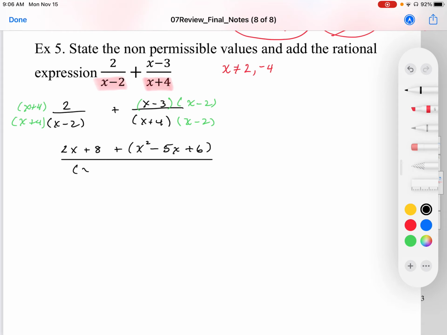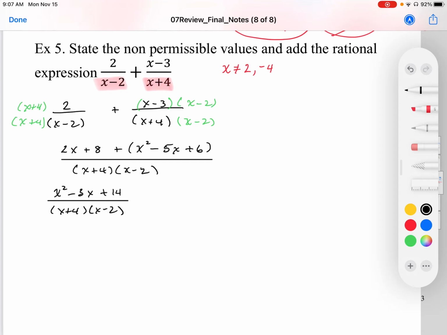Then the denominator is going to be our x plus 4, x minus 2. Combine the numerator, we end up with x squared minus 3x plus 14, all over our denominator of x plus 4, x minus 2.